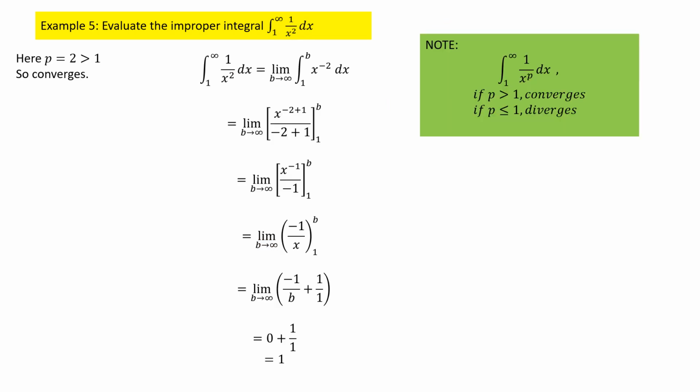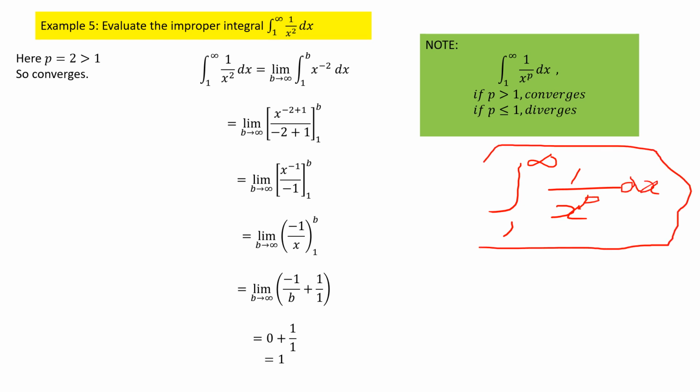Next one. Sometimes you have the integral from 1 to infinity of 1 over x to the power some value times dx. These problems we can easily identify by the p-value and come to a conclusion whether the integral converges or diverges. If the p-value is greater than 1, I can say the given integral converges.